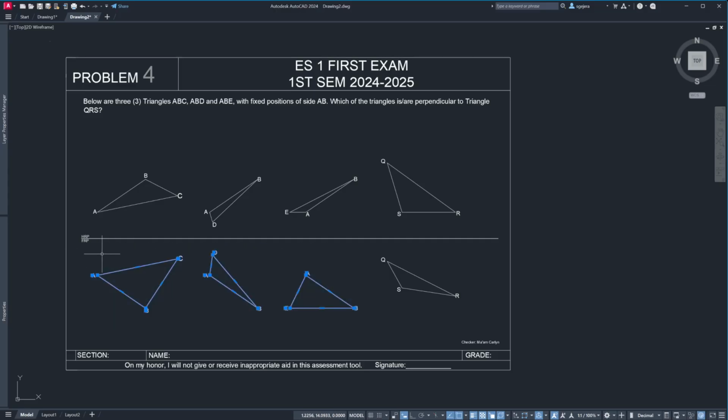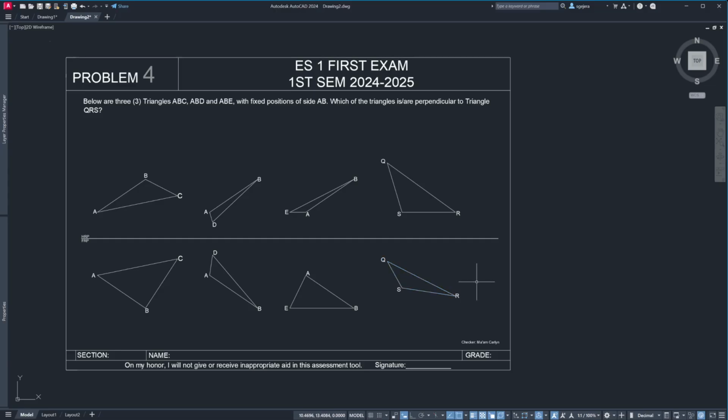And if we can't find that line, that just means that this plane or planes are not truly perpendicular to this given plane QRS.